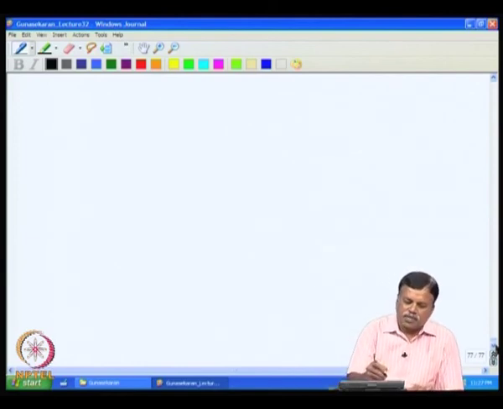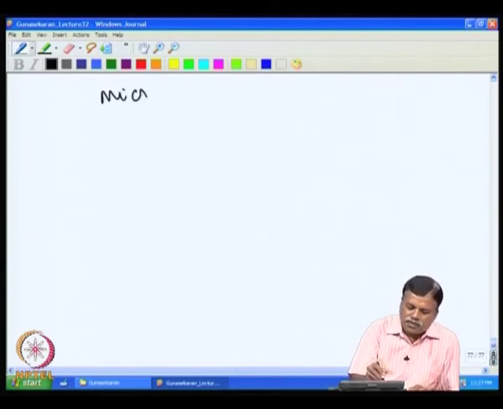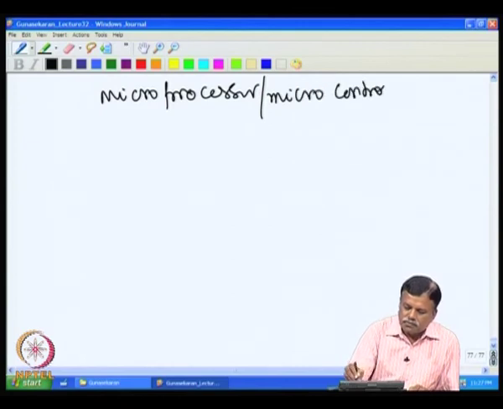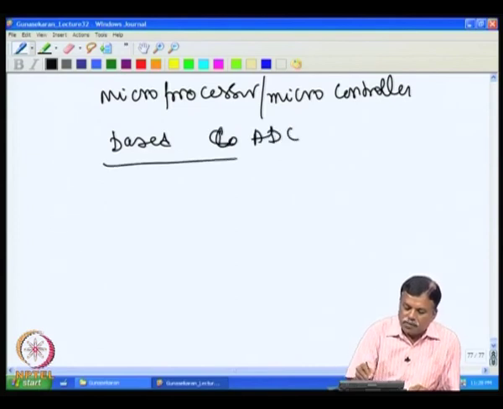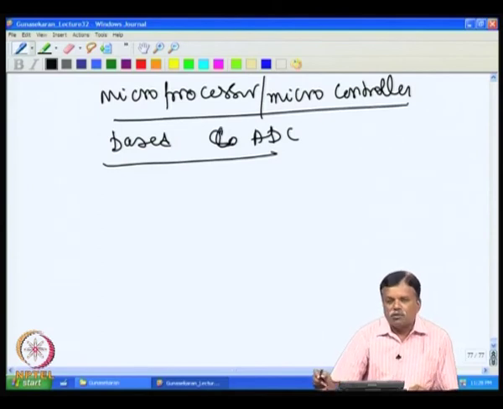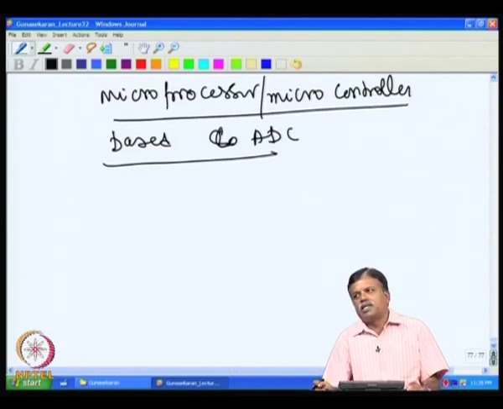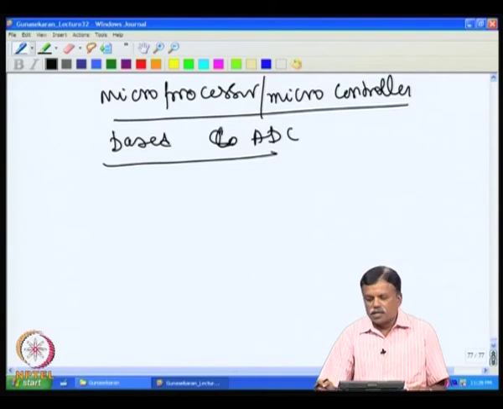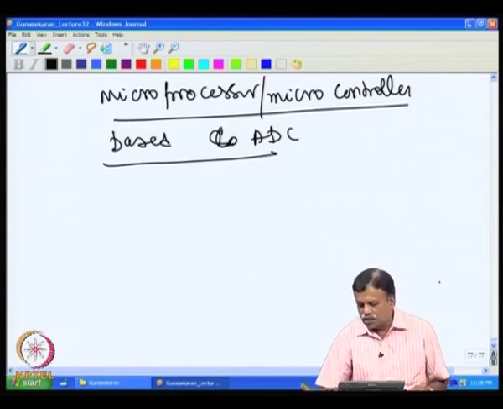So, microprocessor based or microcontroller based slow ADC converters: when we are using a microprocessor based system, one need not look for a dual slope ADC converter; one can easily achieve this kind of conversion function using a microcontroller.